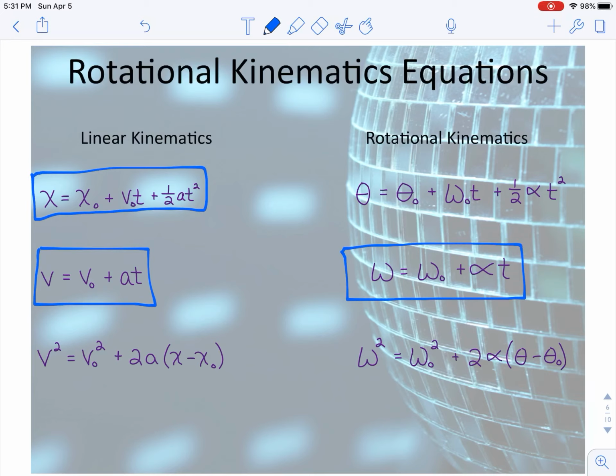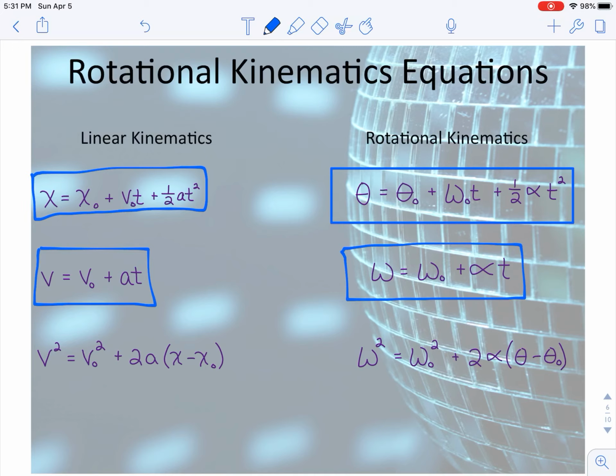After we did that equation, we talked about that really long one that is probably the most commonly used linear kinematics equation, I think, from the physics problems that we do. It's x final equals x initial plus v naught t plus 1/2 a t squared. When you were starting physics, that seemed like a scary formula, but I'm betting most of you are pretty proficient with that now. Well, we have a similar formula when we talk about rotational kinematics. But instead of talking about x final and x initial, now we're using theta final and theta initial.